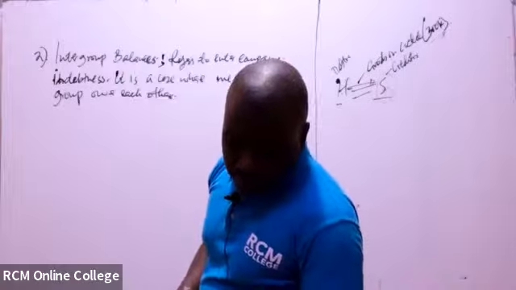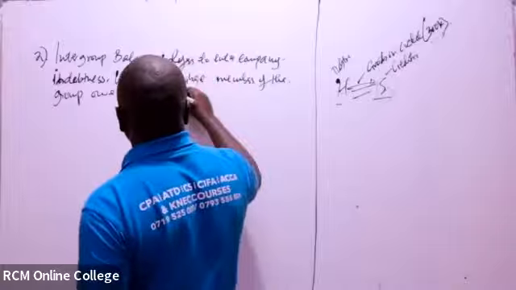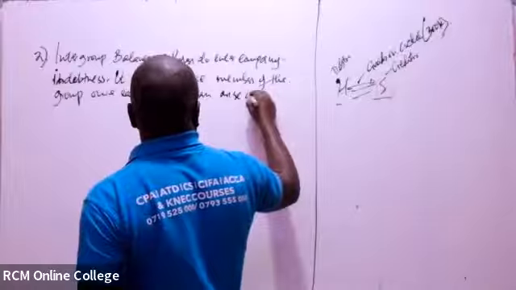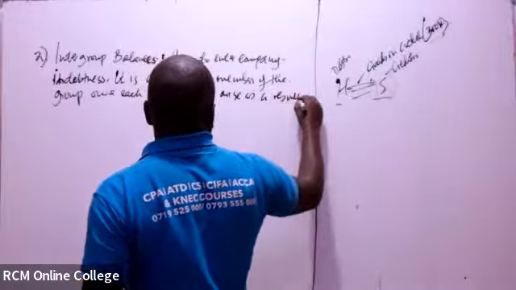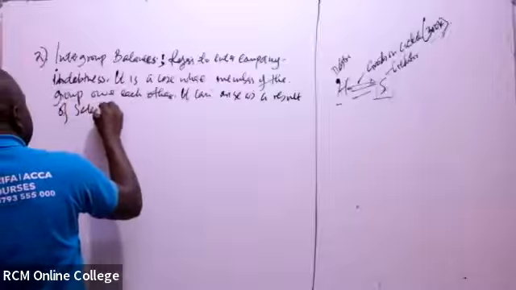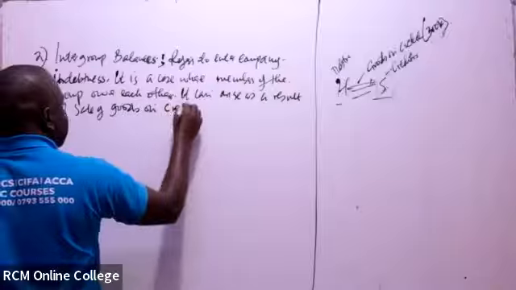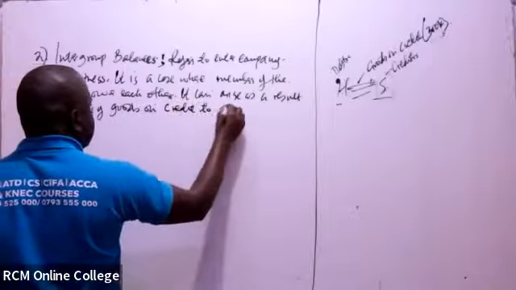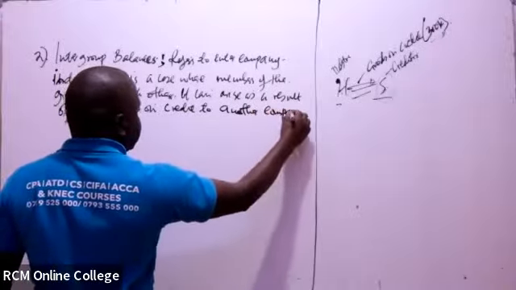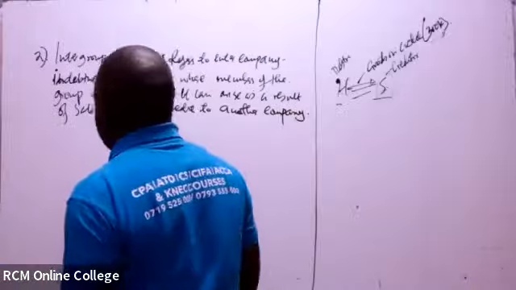So it can arise as a result of sale of goods on credit to another company.